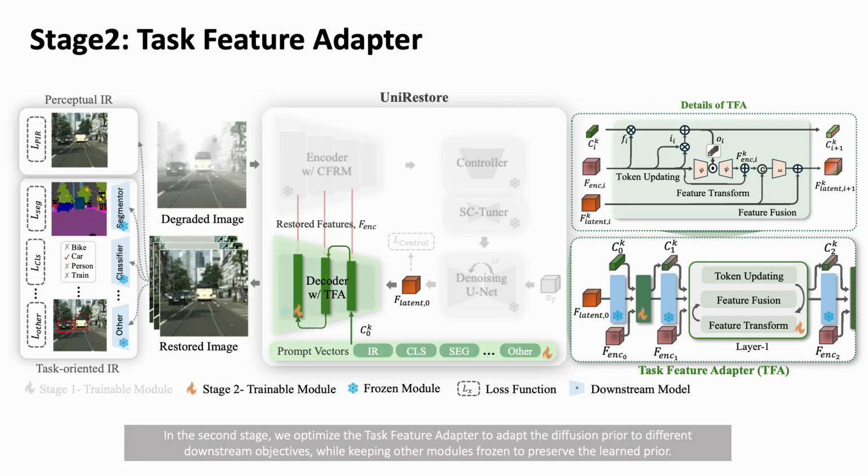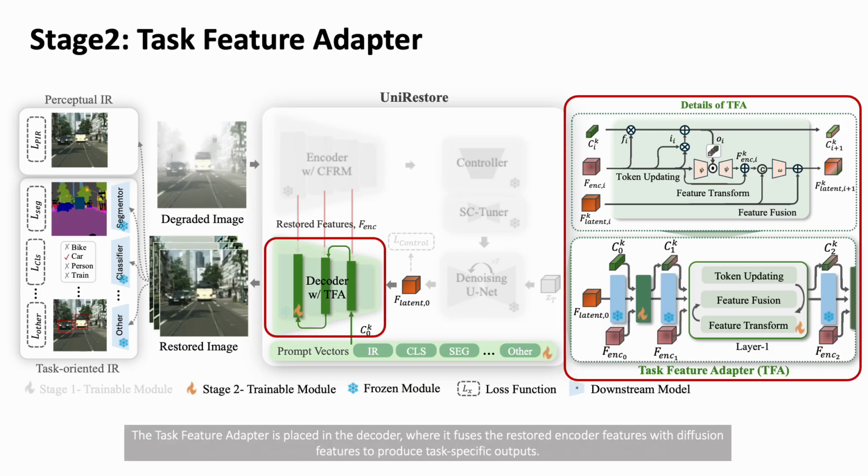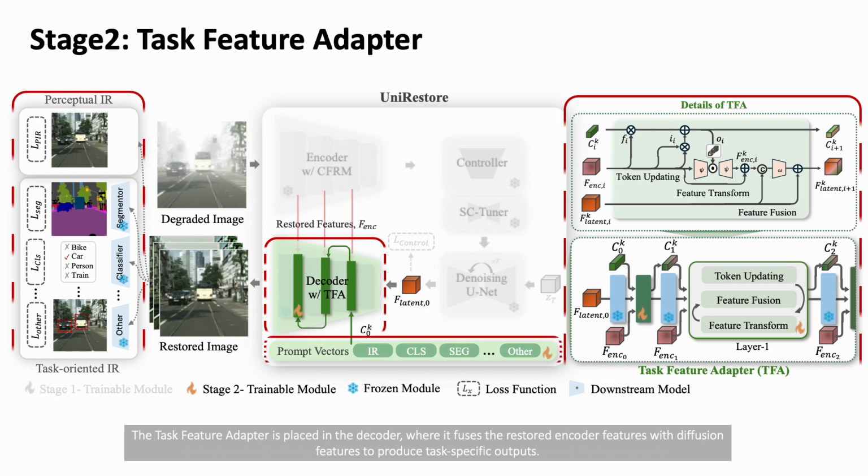In the second stage, we optimize the Task Feature Adapter to adapt the diffusion prior to different downstream objectives while keeping other modules frozen to preserve the learned prior. The Task Feature Adapter is placed in the decoder, where it fuses the restored encoder features with diffusion features to produce task-specific outputs.